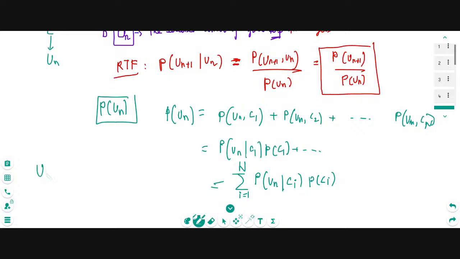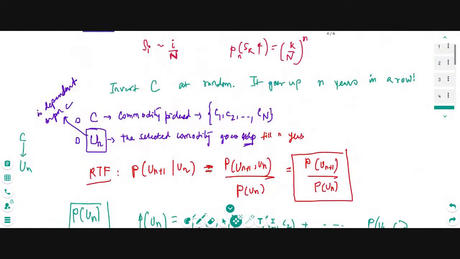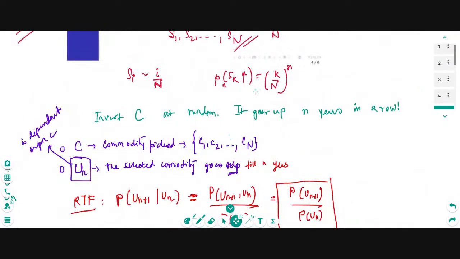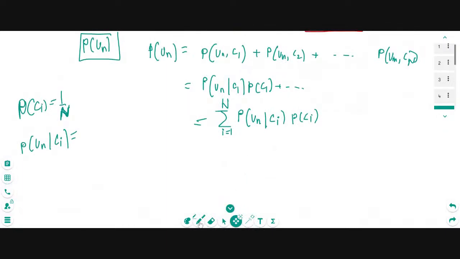Now let's see what you know. You know that the probability of Ci is 1 by n, since you're randomly selecting the commodity. And you know the probability of U_n given Ci: given the commodity Ci, it is (i by n) to the power of capital N. So it's the same as the summation of (i by n) to the power n, times 1 by n.